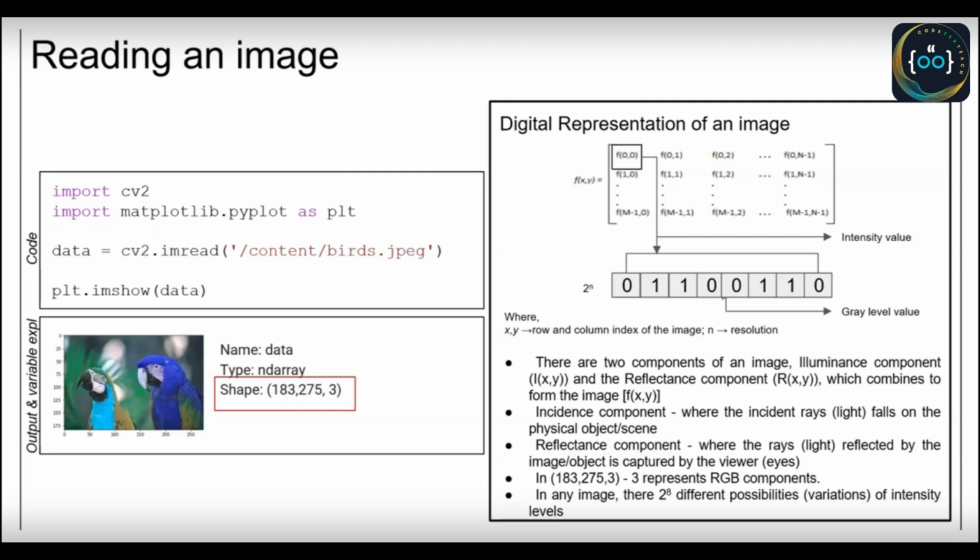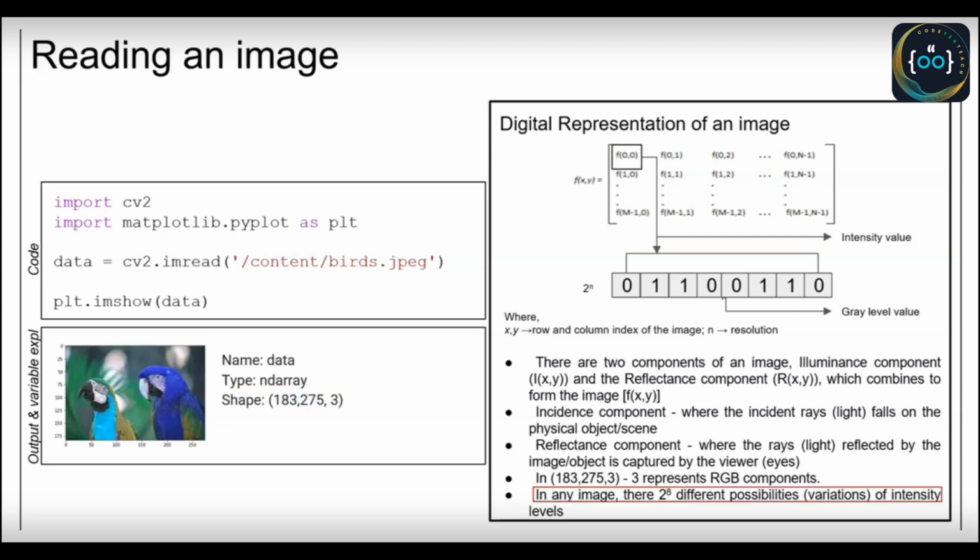When you see something like 183, 275, 3, it is describing an image size and color details. The numbers 183 and 275 are the image height and width in pixels. The 3 stands for the 3 color channels used in digital images: red, green, and blue. Every color you see in a digital image is a mix of these 3 base colors.